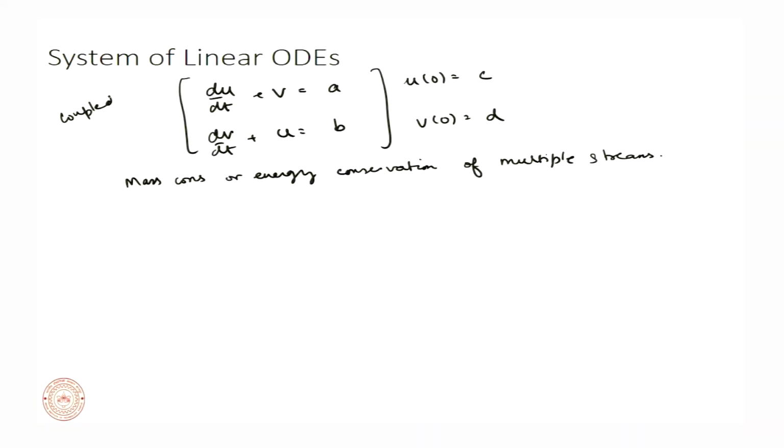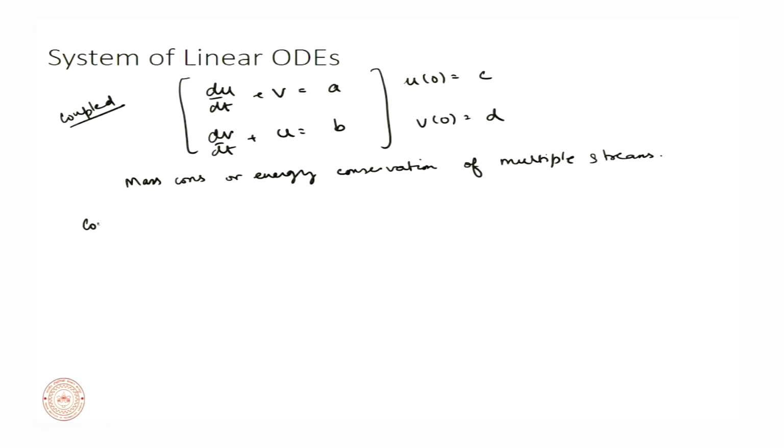What I mean by coupled is that the u equation depends on v, the v equation depends on u, right, and they are two-way coupled. One-way coupling means that your u equation is dependent on v, but the v equation only depends on itself and does not depend on u. So, you first solve for v, then use that value to solve for u, but this is a two-way coupled system.